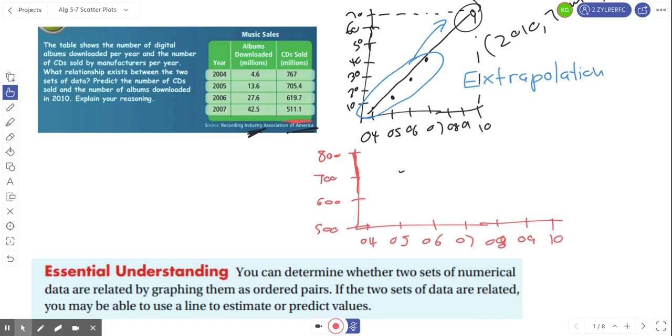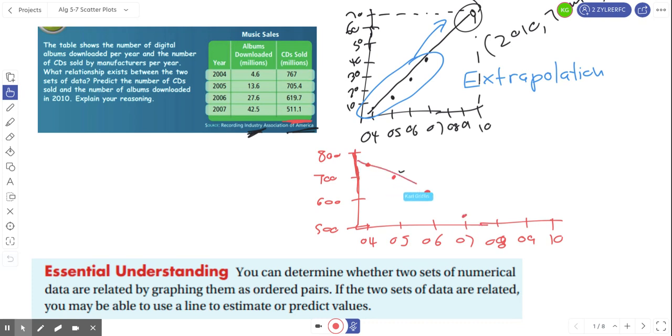But in 2004, we had, oh, actually, no, I won't, because we're going down. 767. So right about there. And then in 2005, we had 705. And in 06, we had 620. And in 07, we had 511.